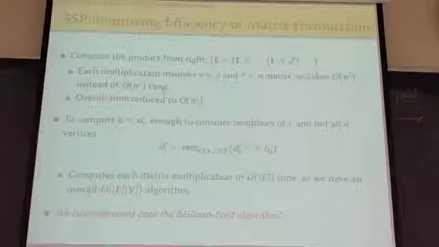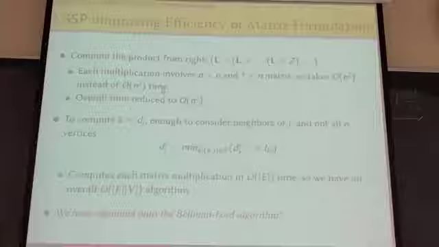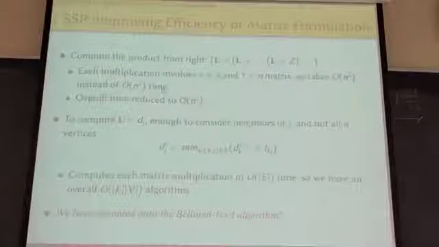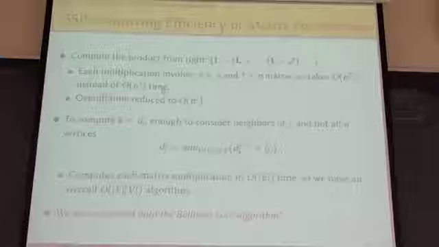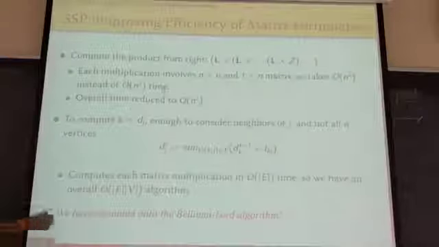So in the case of Dijkstra, your cost was, I guess, E plus V log V. Something like that. So the point here is that you have a more expensive algorithm, but it is also more general.